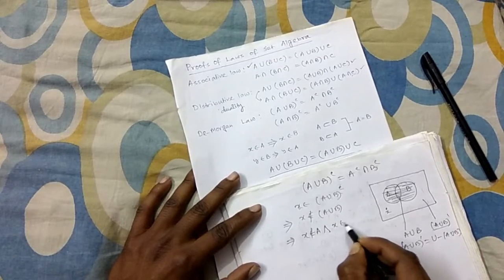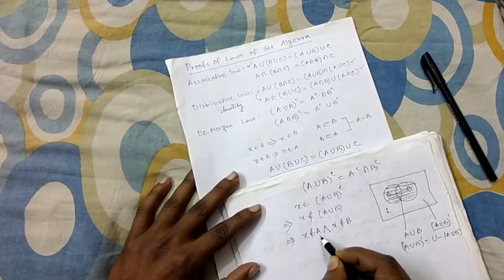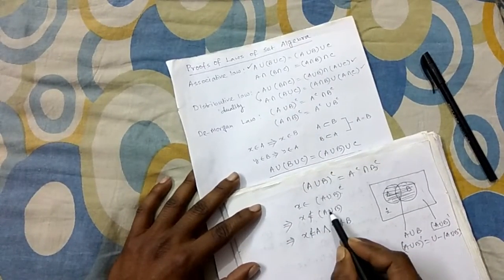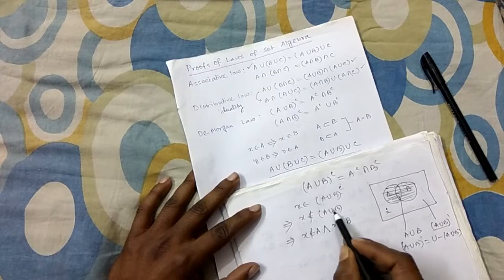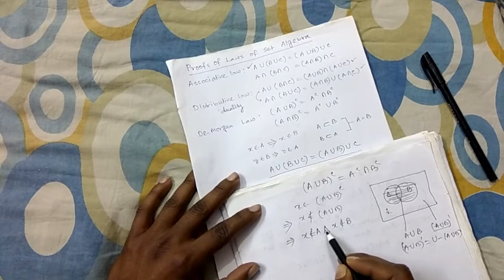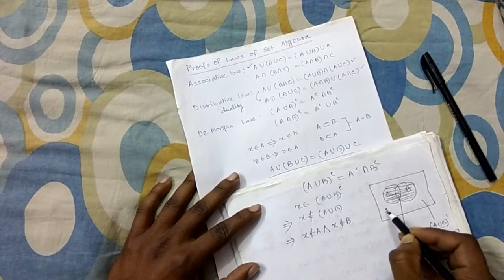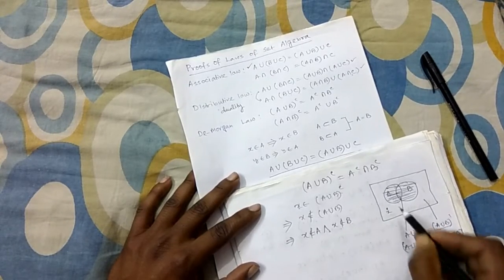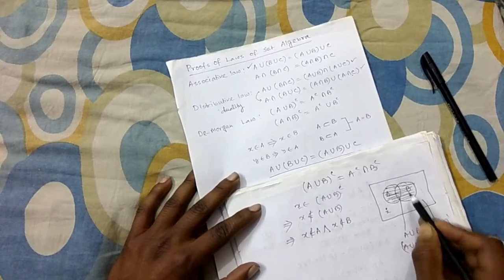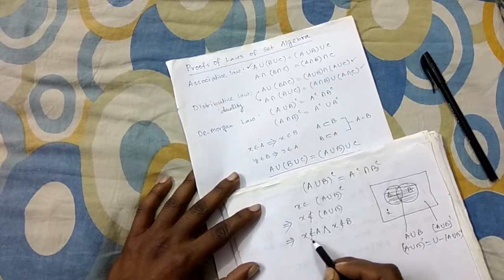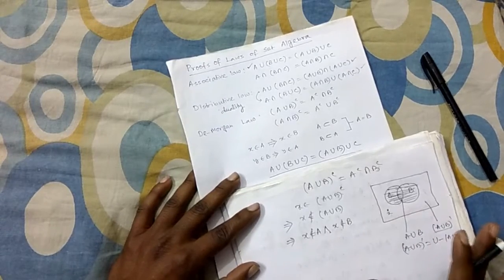And X does not belong to B. In associative law, distributive law, we replaced the union symbol by OR, right? But here X belongs to A union B complement, so X is neither in A nor in B. So how can I write OR here? We have to write AND, as X neither belongs to A nor belongs to B.